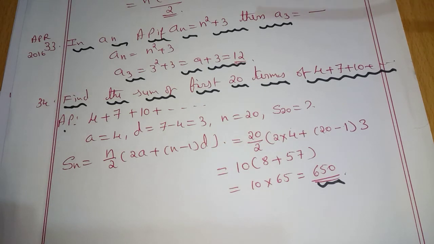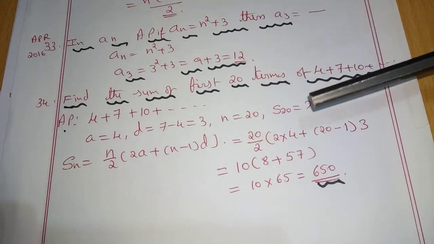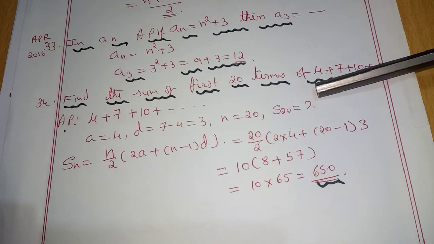How to solve it? First you have to write AP, then you have to write A, D, N values. Then what is asked you have to write. Write one by one.